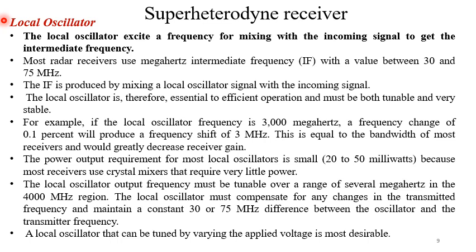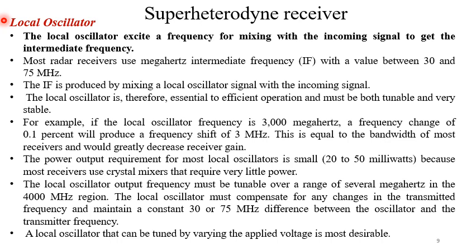The local oscillator is therefore essential to efficient operation and must be both tunable and very stable. For example, if the local oscillator frequency is 3000 megahertz or 3 gigahertz, a frequency change of 0.1% will produce a frequency shift of 3 megahertz. This is equal to the bandwidth of most receivers and would greatly decrease receiver gain.